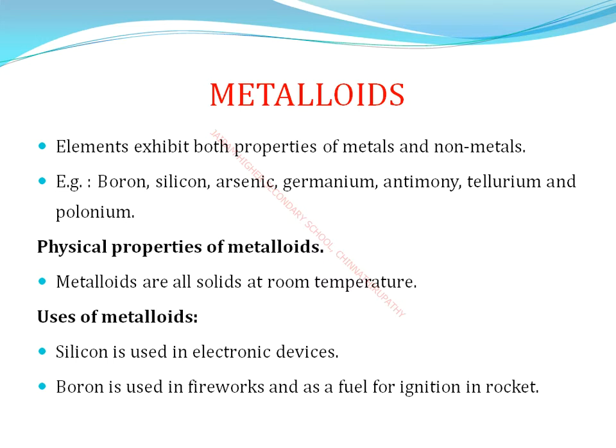I have explained fireworks, the crackers, and in which areas fireworks are used, like nuclear atom bombs and explosions. In all those areas boron is used. In these fireworks they use boron. It is a semiconductor, a semi-metal. Similarly, it is also used as a fuel for ignition in rockets.